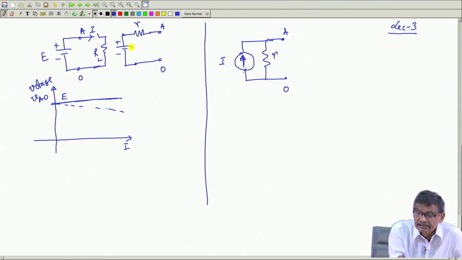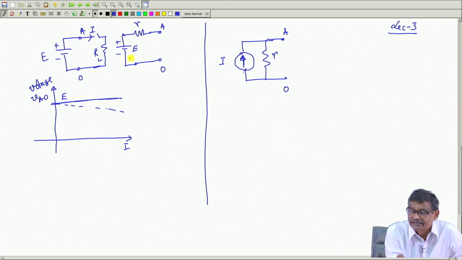In both cases, this E portion is ideal, with no internal resistance here.